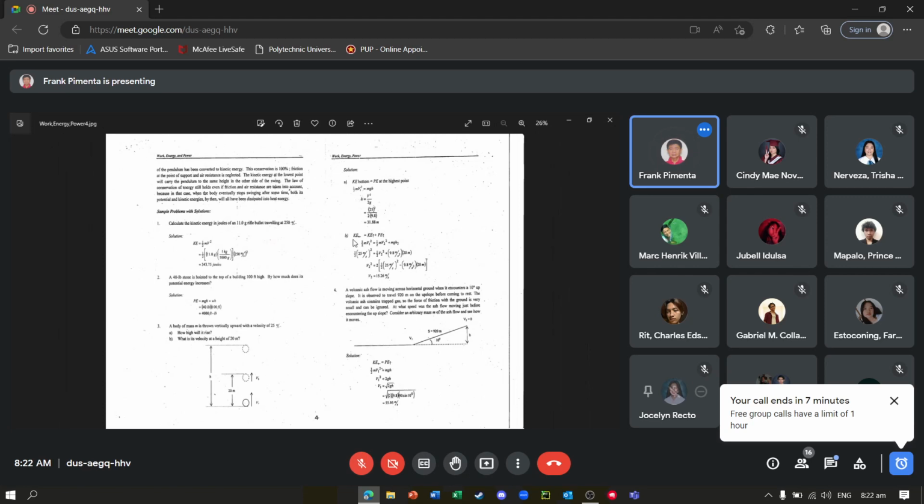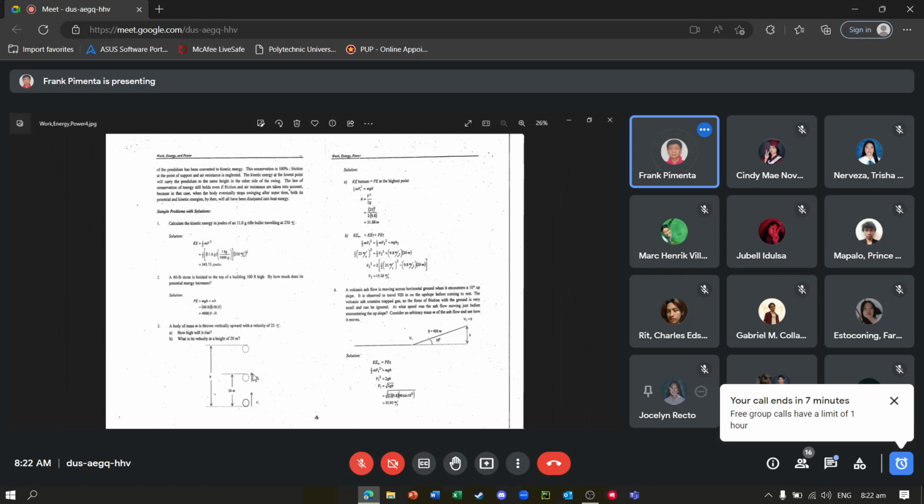So the total at this point is equal to the kinetic energy at point 2 plus potential energy at point 2.